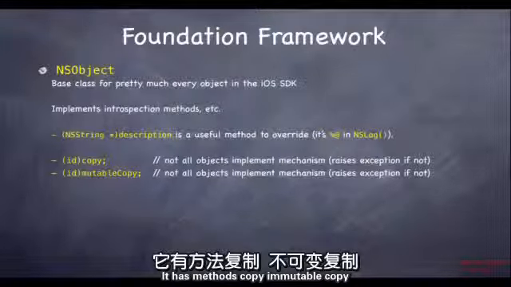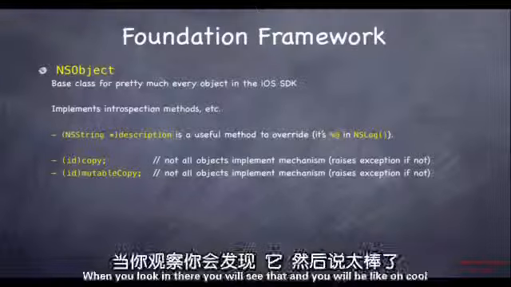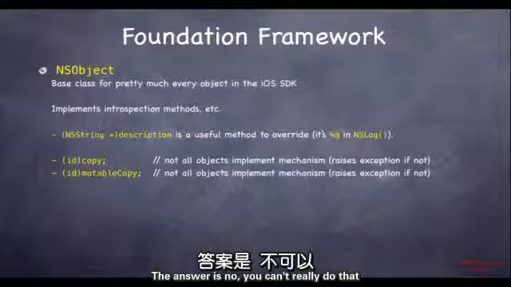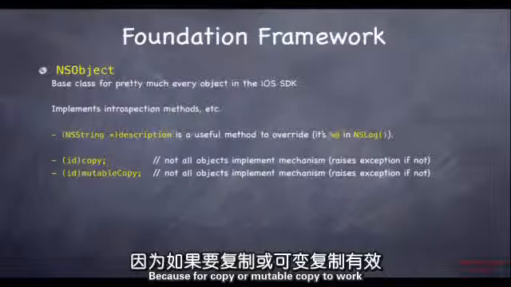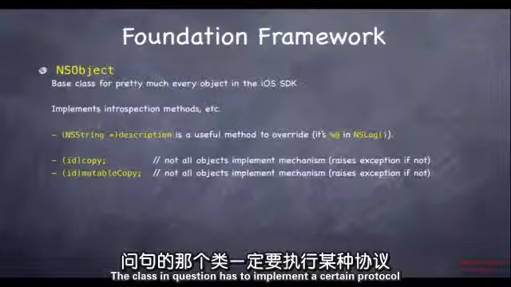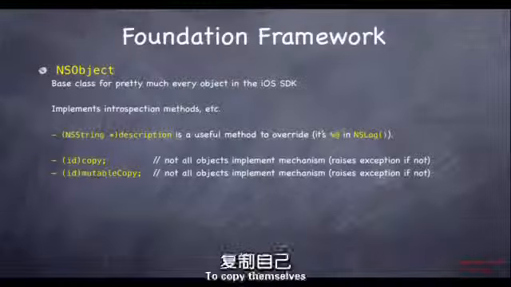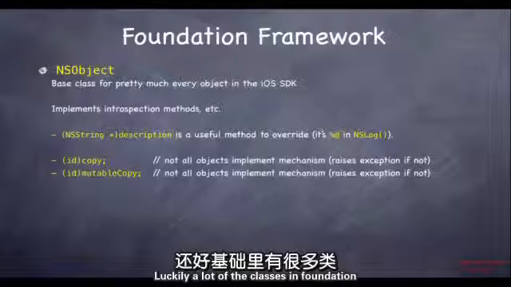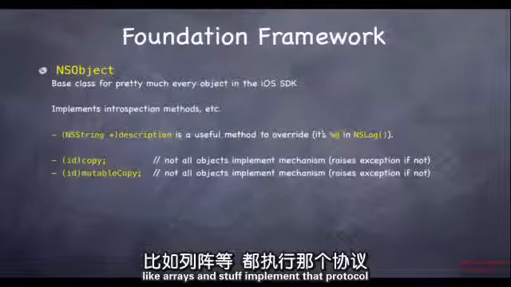It has methods copy and mutableCopy. When you look in there, you'll see that, and you'll think, oh cool, I can copy any object by sending copy to it. And the answer is no, you can't really do that, because for copy or mutableCopy to work, the class in question has to implement a certain protocol to copy themselves or to make a mutable copy of themselves. Luckily, a lot of the classes in Foundation, like arrays, implement that protocol.